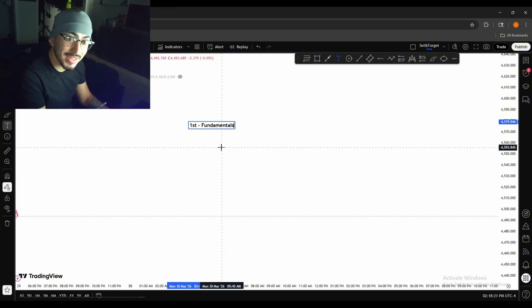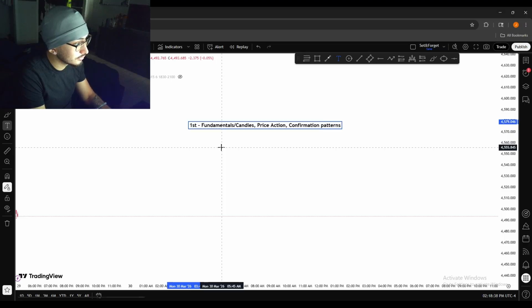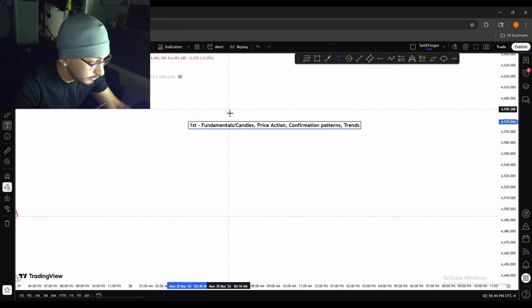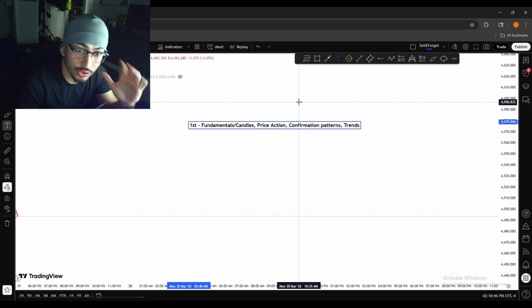What does that bring in? It brings in candles, price action, confirmation patterns, and trends. That's what you should first do.